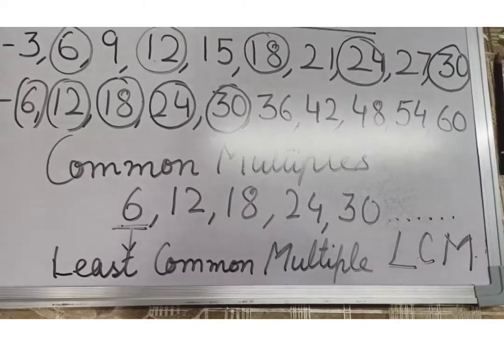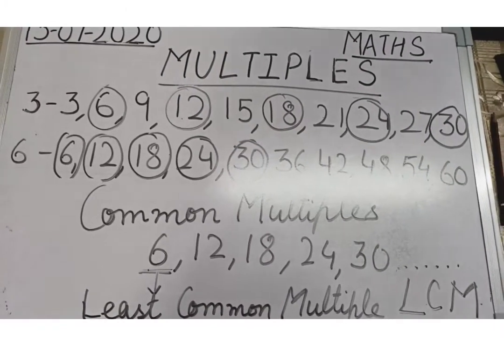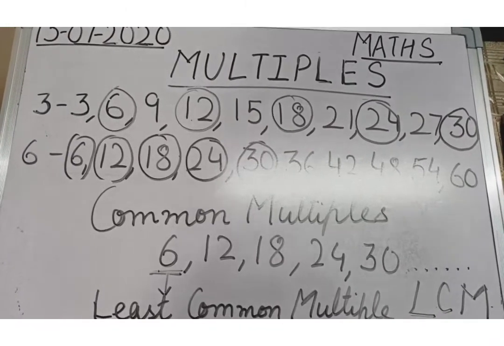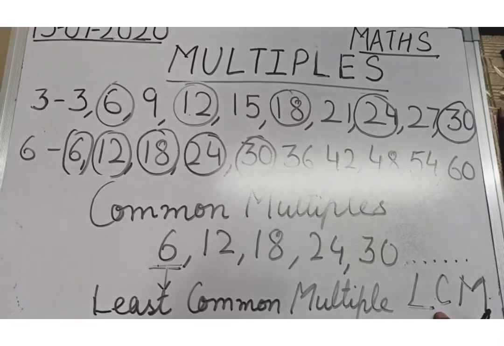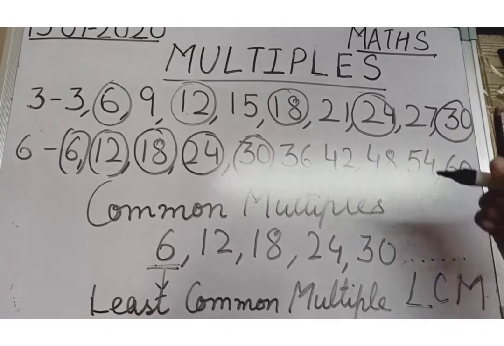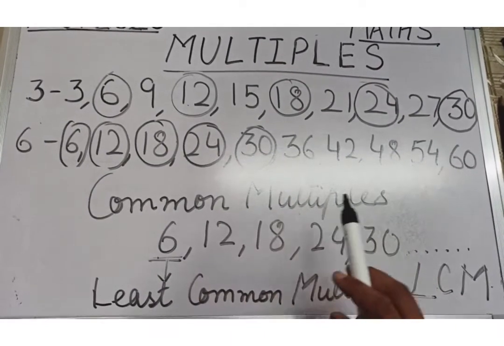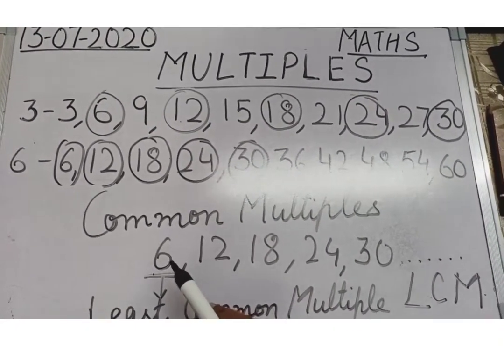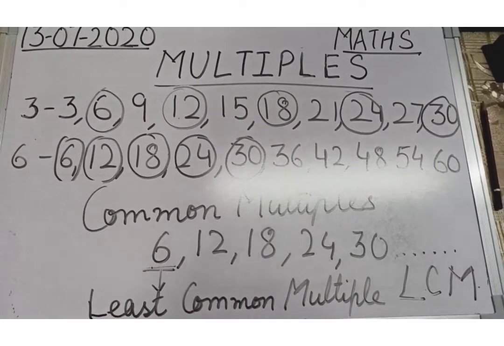So today we are going to study LCM, and before understanding how to find LCM, we should know the meaning of the term LCM. LCM is nothing but we are just finding the common multiples, and out of those common multiples we are finding the smallest common multiple, which is called the least common multiple.